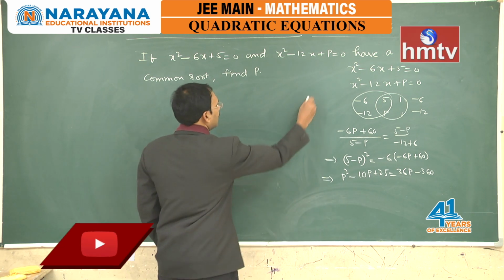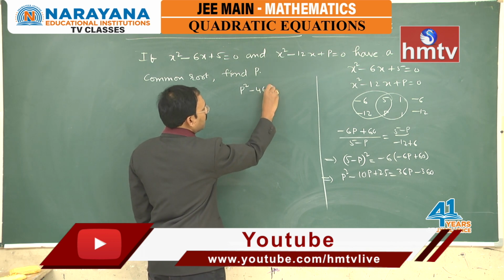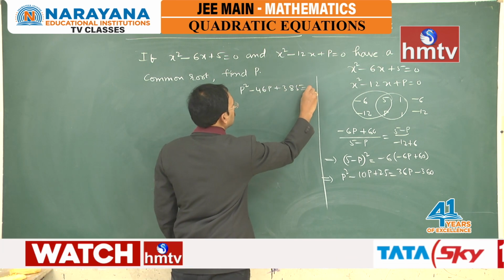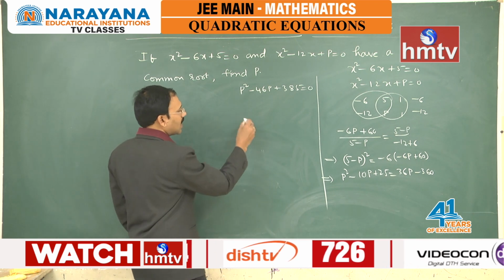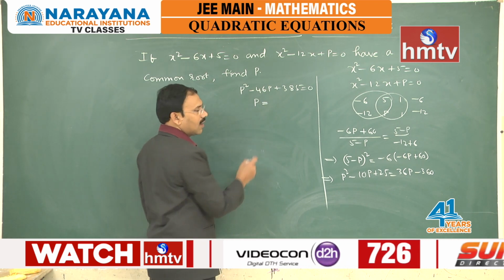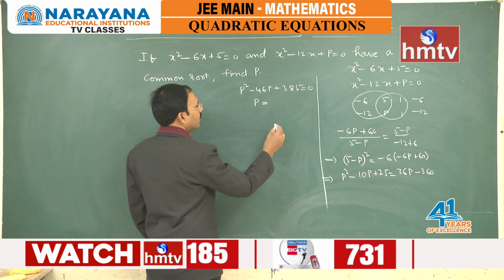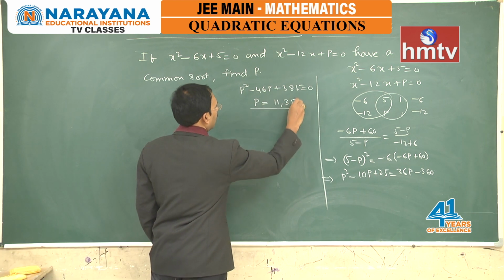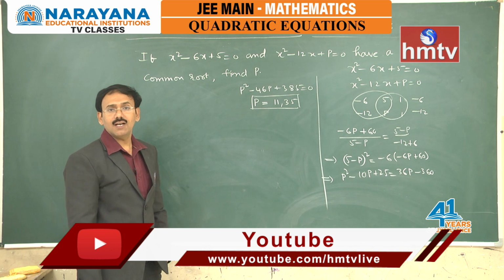Now, after rearranging you will get p square minus 46p plus 385 equal to 0, which is a quadratic equation in p. We can solve it by observation, by factorization, or by applying the formula, and we find the p values to be 11 comma 35. This is method 1.